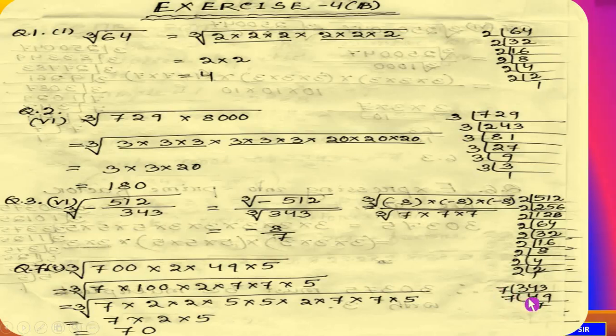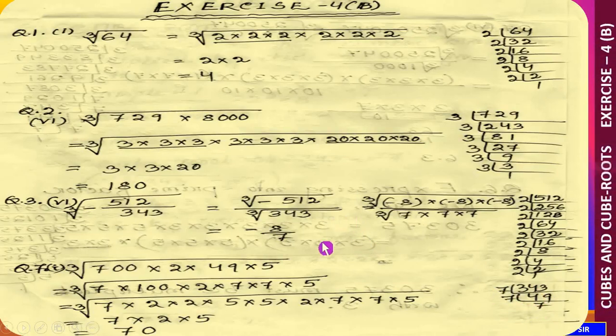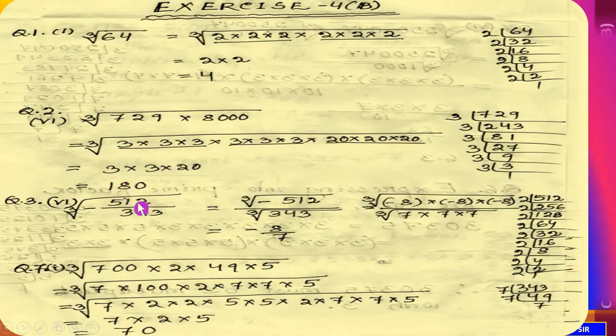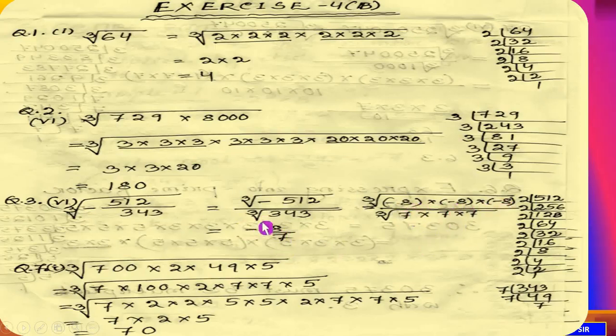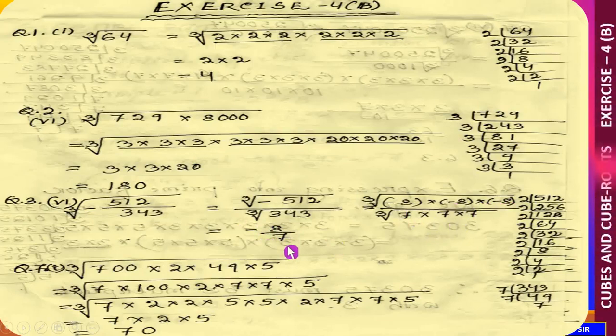Here it is done: 7 4s are 28, 7 9s are 63, 7 7s are 49. So we can write it as 7 into 7 into 7. From this triplet we get minus 8 by 7.